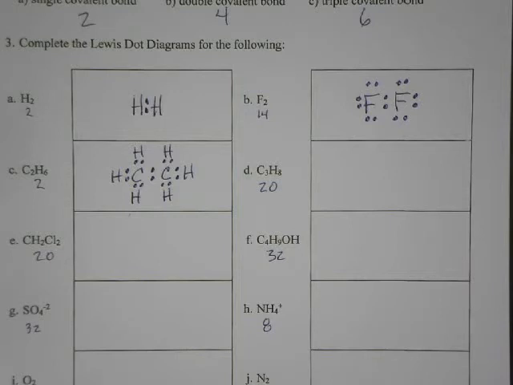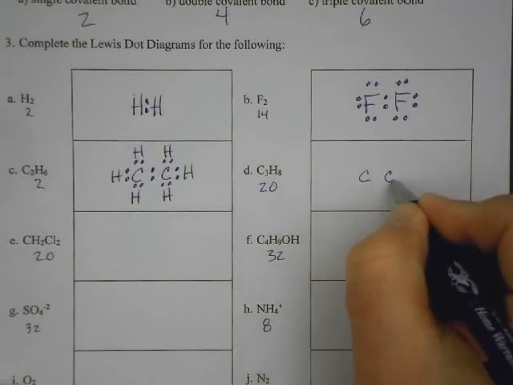It's going to have 20 dots, but first, what goes in the middle? Look at C. D should look a lot like it. They're very similar. What's in the middle?